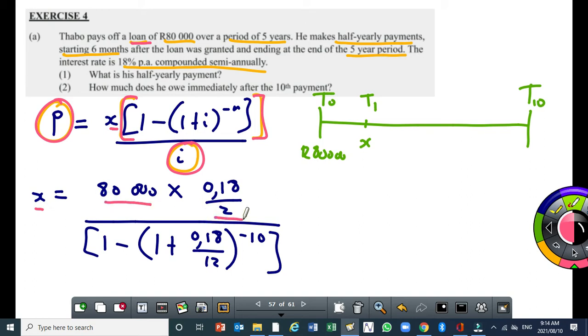Interest is 18% per annum compounded semi-annually, which means 2 times a year. That's why I divided there by 2. Then I wrote everything inside the square bracket there. I substitute my interest there, and my n is 10 because 5 years times 2 times the interest is compounded every year.